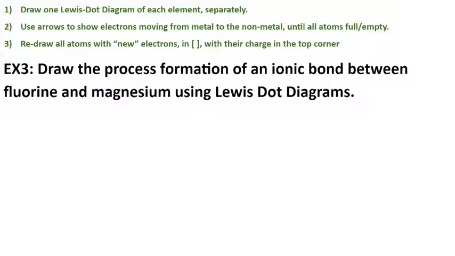Okay, let's move into that third example. Here it tells us to draw the formation of the ionic bond between fluorine and magnesium. If I check, fluorine has 7 valence electrons, and I'm going to strategically put that empty space facing magnesium just because I know I'm going to have to draw arrows moving these electrons towards each other.